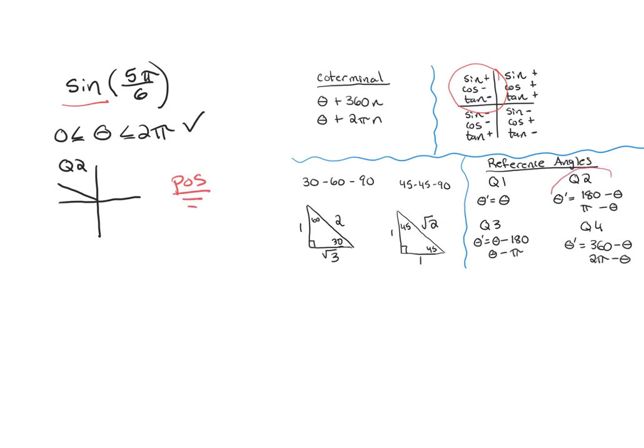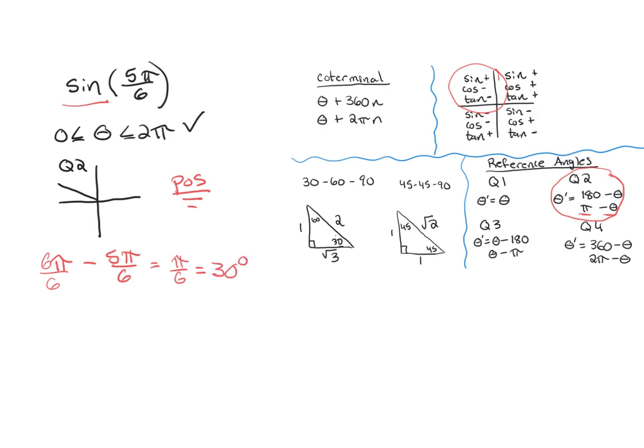And in quadrant 2, it's pi minus theta. So pi minus 5 pi over 6 is going to be, well, this would be 6 pi over 6, so that's just pi over 6. And pi over 6, we should just know, is 30 degrees.